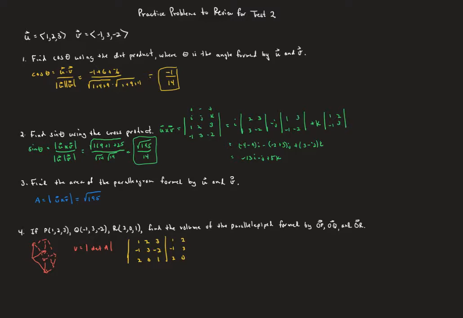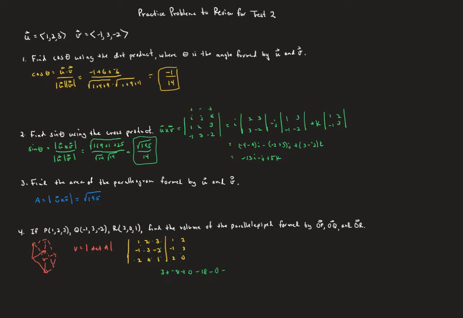So if we go down the first diagonal, we're going to get 3 plus, that's going to be negative 4 times 2 is a negative 8, plus, and that 0 makes it nice, is 0. Minus, we're going to go up the diagonal. 2 times 3 times 3 is 18. Minus, oh, there's another nice 0, so that'll be 0.